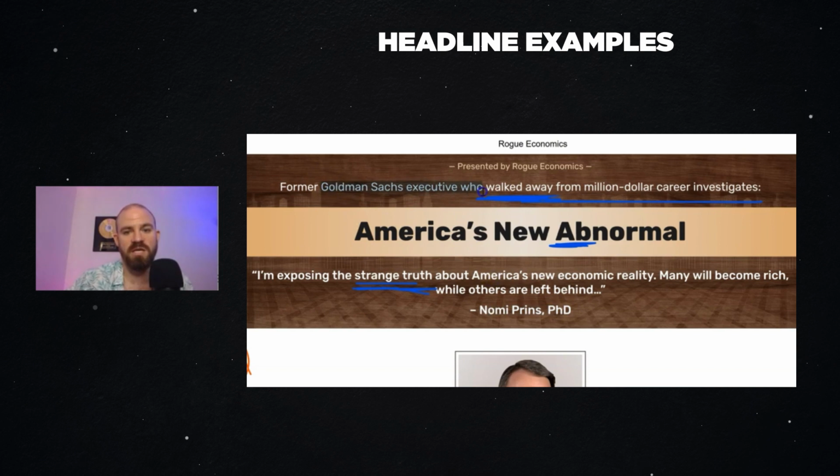Former Goldman Sachs executive who walked away from $1 million career, there's elements of concrete specificity that aren't directly tied to the opportunity and how much you could become rich. This specificity is tied to the credibility piece, and that's important because the specificity is what helps balance that skepticism and credibility aspects of it. The concreteness of the numbers or facts makes it feel more real, okay?